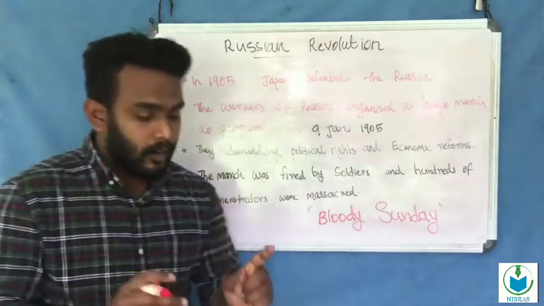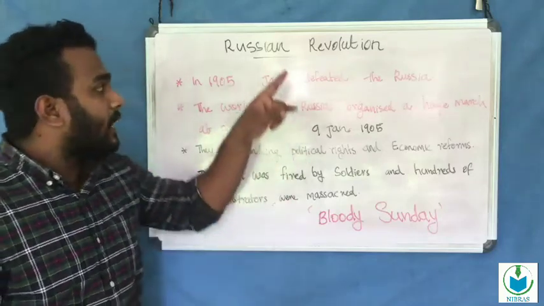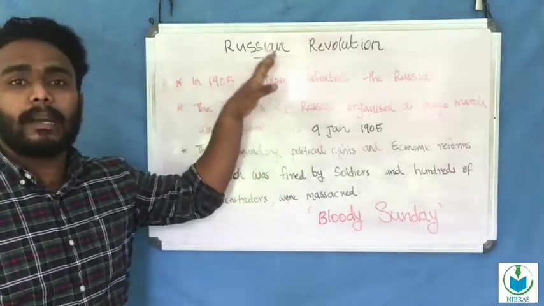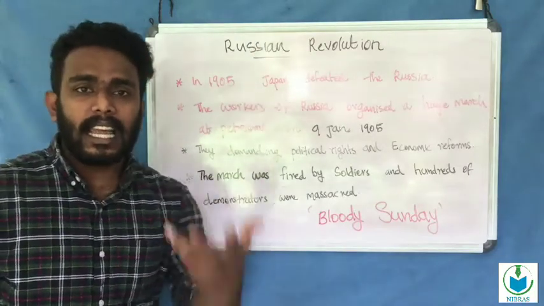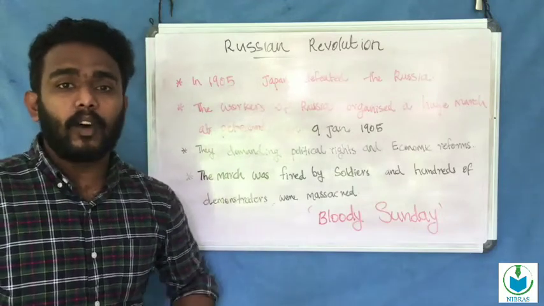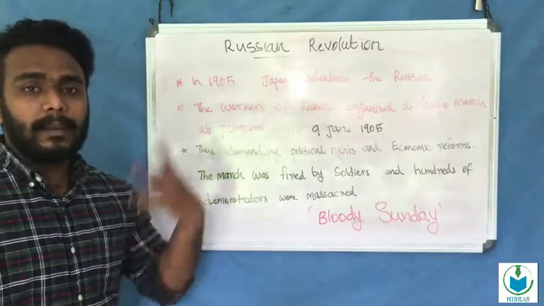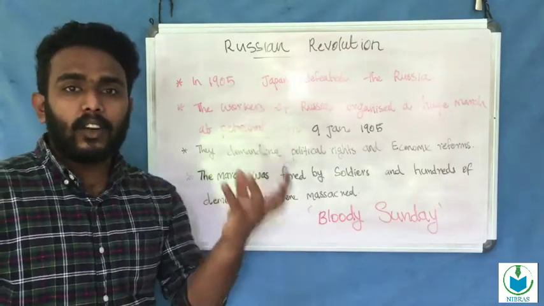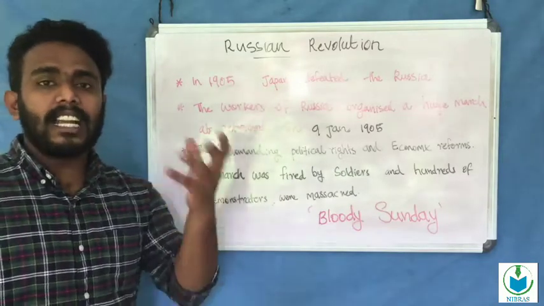Okay, one question: what is Bloody Sunday? In 1905, Japan defeated Russia. After that, on 9th January 1905, the workers organized a huge march to Petrograd. They demanded economic reforms and political rights too.